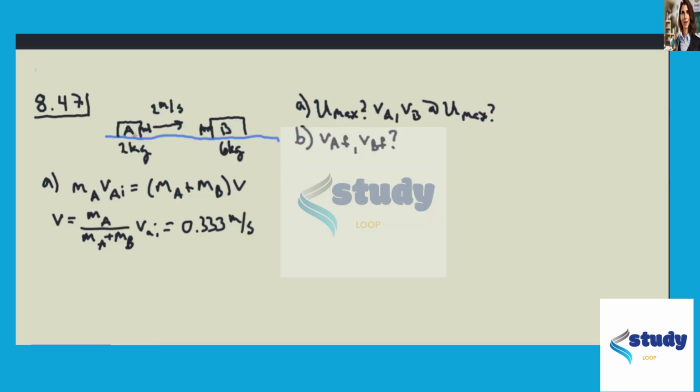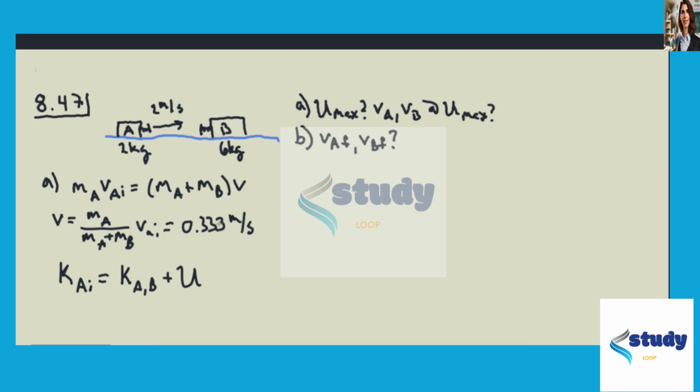Now, because this is perfectly elastic, the conservation of energy says that the kinetic energy of A initially has to be equal to the sum of the kinetic energies of A and B combined plus the potential energy stored in the springs.